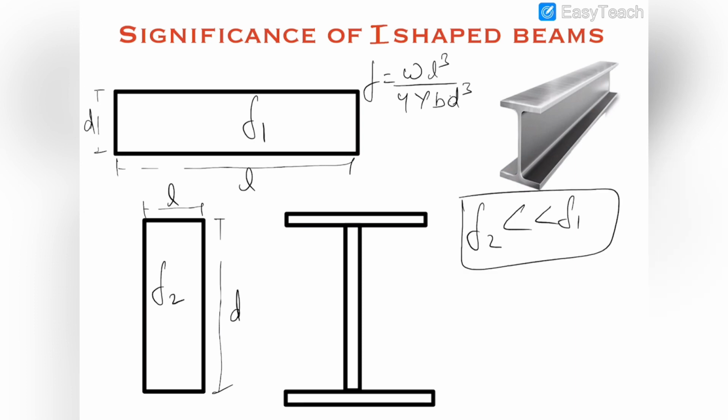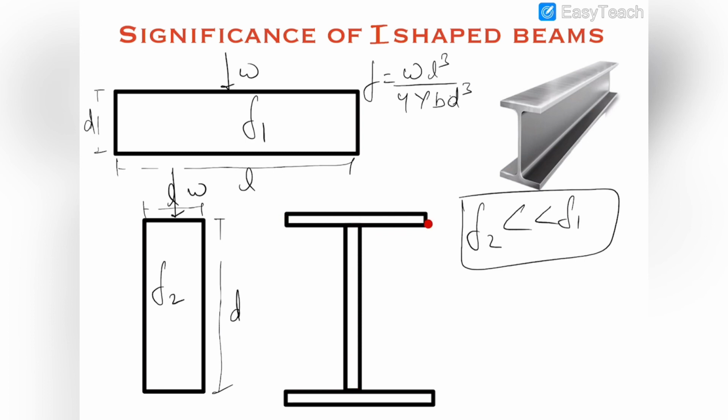If we apply the same load W on both of them, this beam will bend very little. Therefore, this type of section is more useful, as it can bear a greater load without bending. So this section is used in this beam.